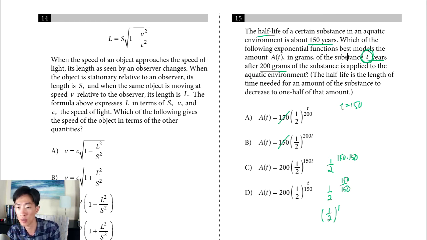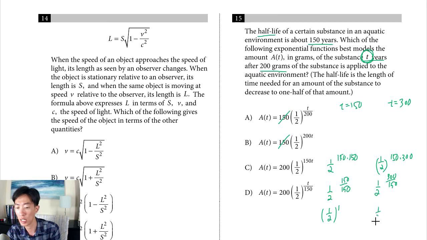If you're still not convinced, let's pick the next easy number for t, where t is equal to 300. So in the first equation, choice C, it would be 1/2 raised to the 150 times 300. Again, it's going to result in too big of an exponent, and 200 is going to be reduced by a lot more than 1/2. But what about choice D? It's going to be 1/2 raised to the 300 divided by 150.